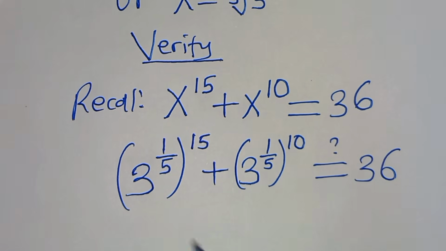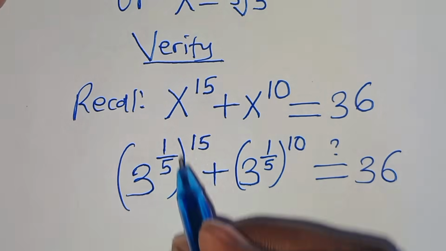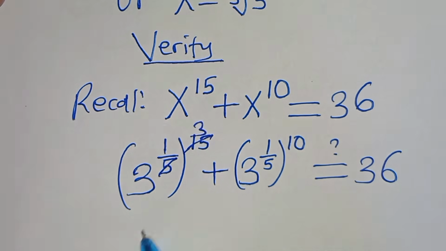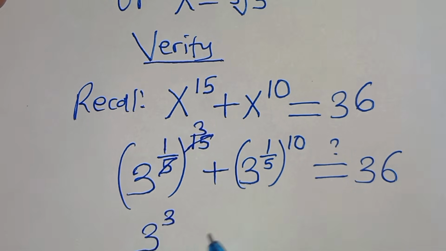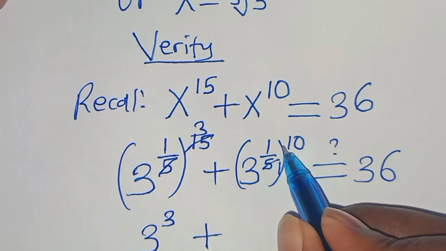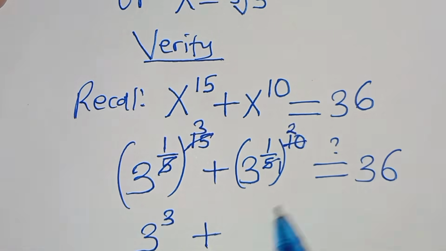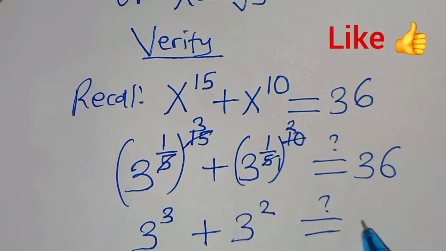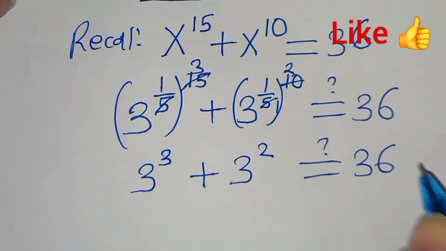And this implies that here we can simplify. 15 divided by 5 here, this is 3. So we have 3 to the power of 3, then plus, now let's simplify by 5, 10 divided by 5, this is 2. So we have 3 to the power of 2. This is supposed to give us a value of 36.